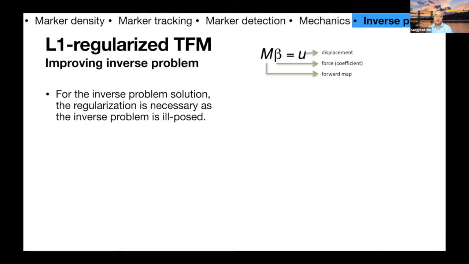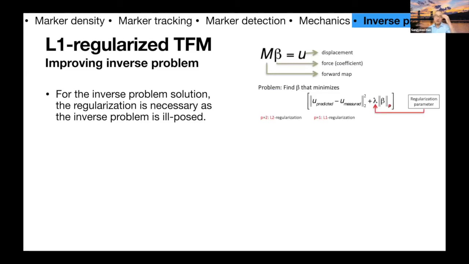So what we do is solve a minimization problem to find the beta that minimizes the measurement error, and we also penalize the force coefficient with a constant called the regularization parameter. When we penalize beta, we use some norm.